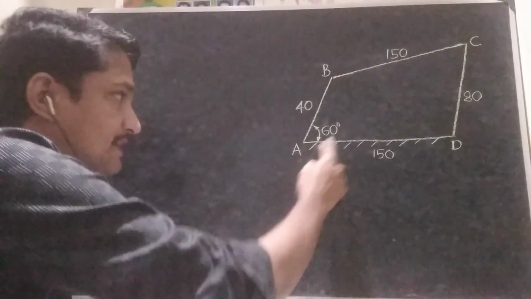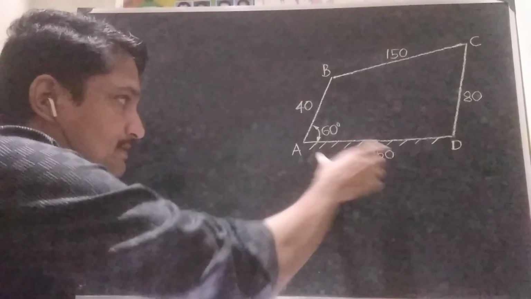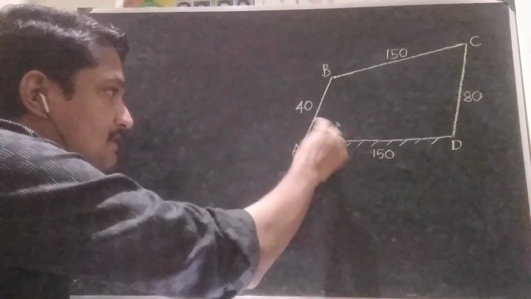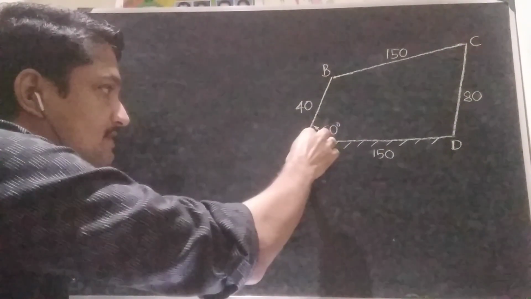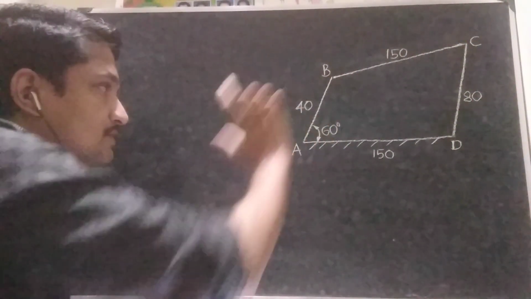First draw AD and fix that length equal to 150 mm. Then draw a line inclined at 60 degrees, and that length must be equal to 40 mm.